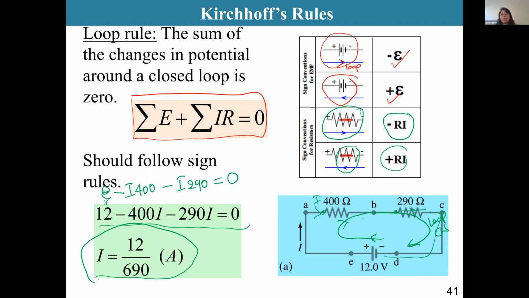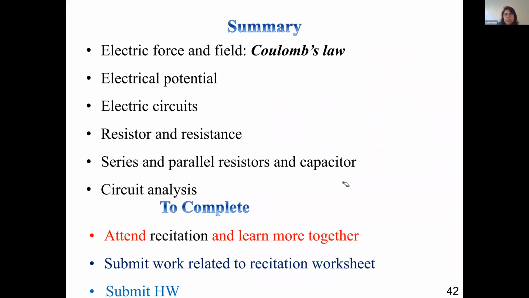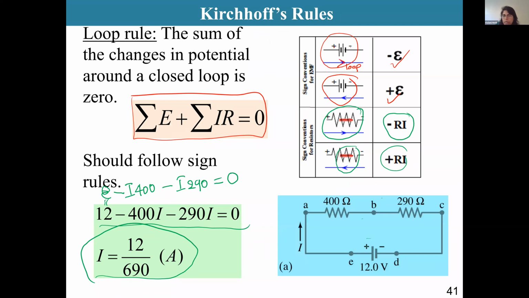So we can advance the circuit and solve problems when you come to the advanced level classes. But in your class, at least you should be able to solve this kind of question by using the Kirchhoff rule. Okay, so the only thing to think about: if I have another battery somewhere here, with the positive terminal here and negative terminal here, 10 volts. Now everything is the same, except that you have another battery.